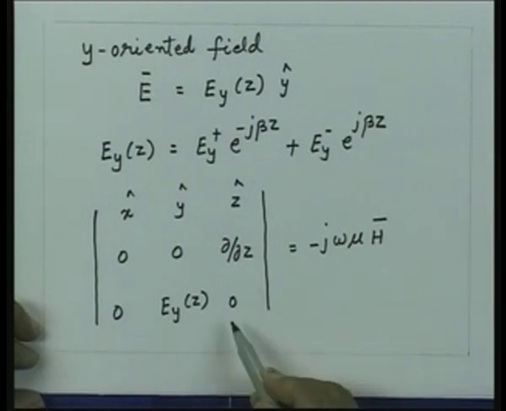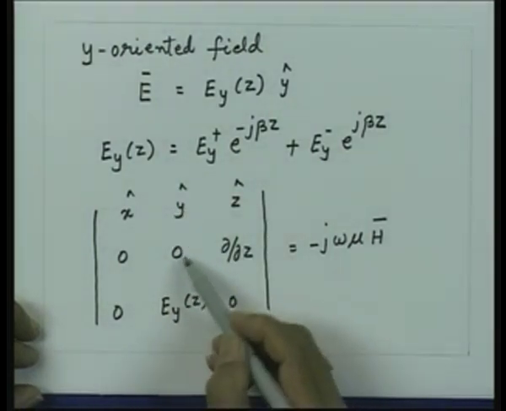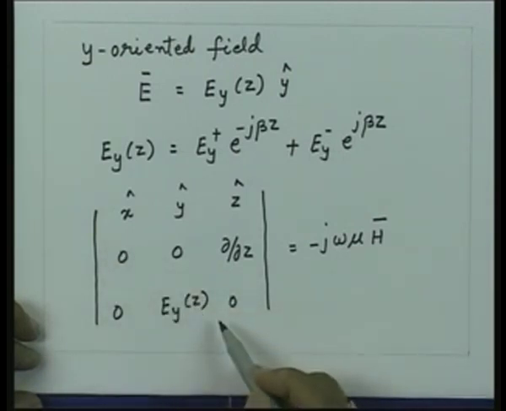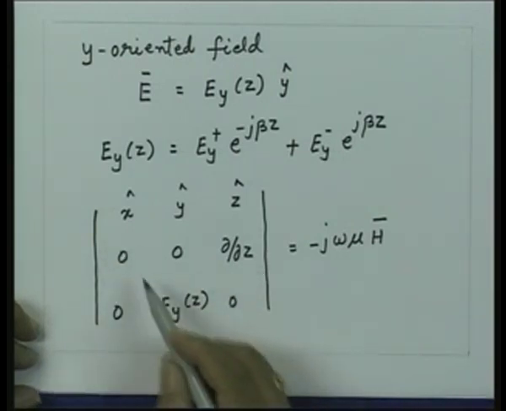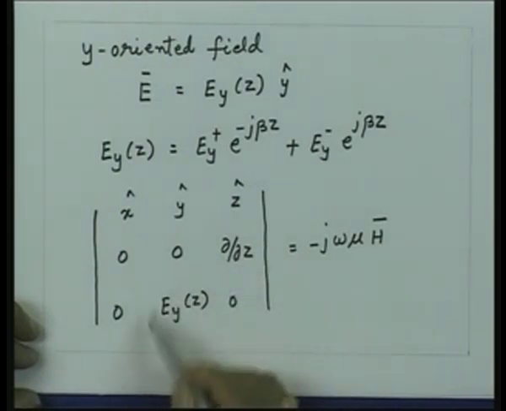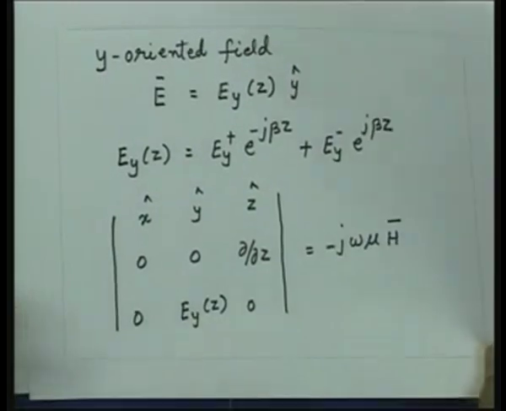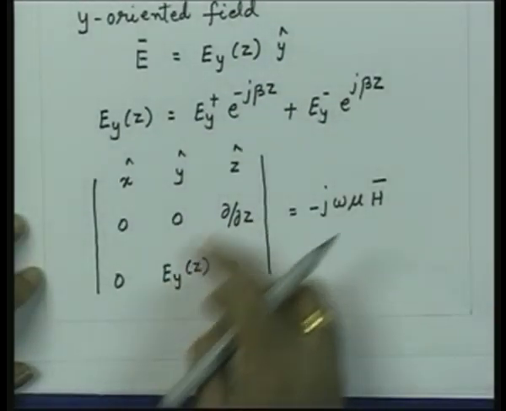So, now the magnetic field will not be y oriented because the y component will be 0, the magnetic field will be x oriented and that will be d by dz of Ey. So, from here I can get this minus this, so minus d by dz of Ey.